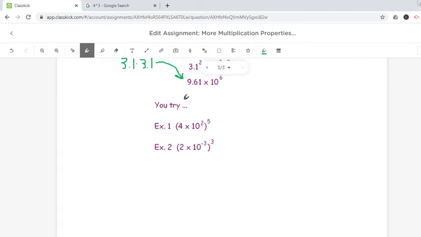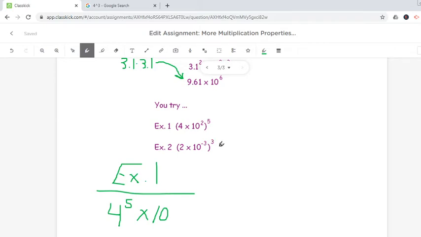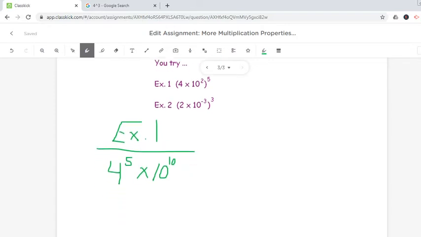Okay, so you try. I'll write this down here. So exercise 1. So we have 4 to the 5th, all to the 2nd. Remember the exponent is outside, so we multiply 2 times 5, 10. Okay.